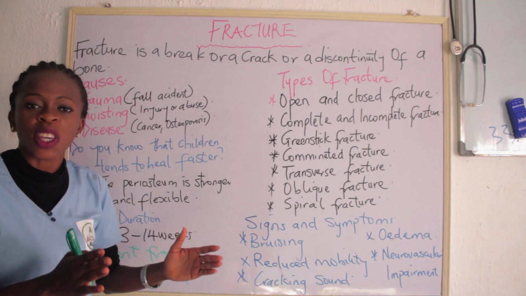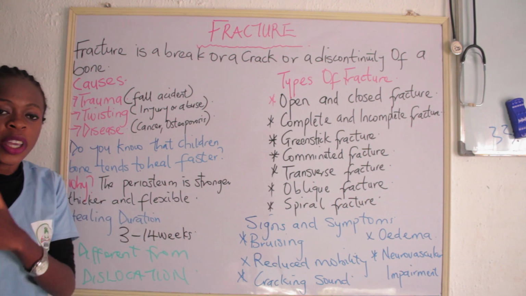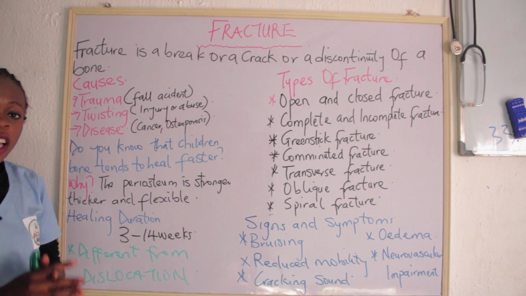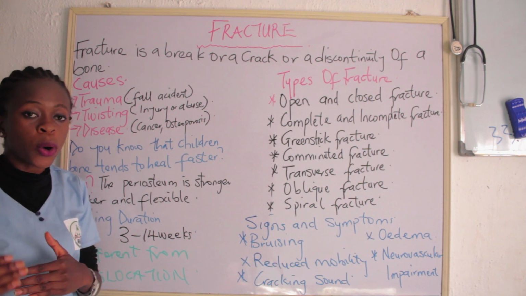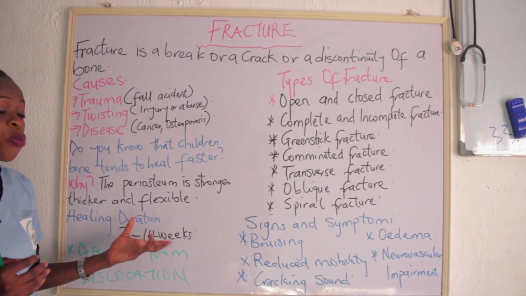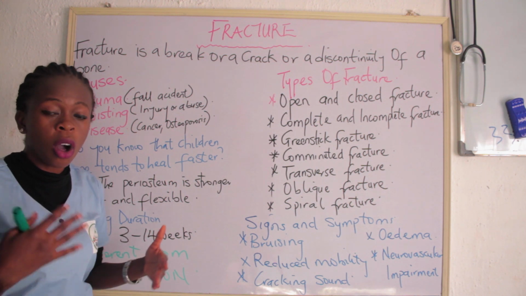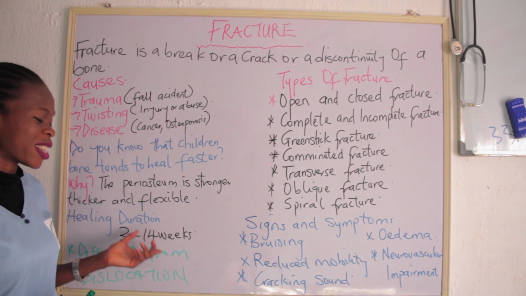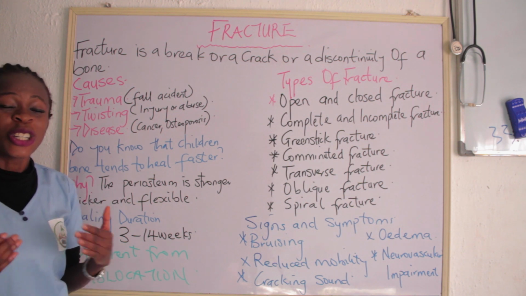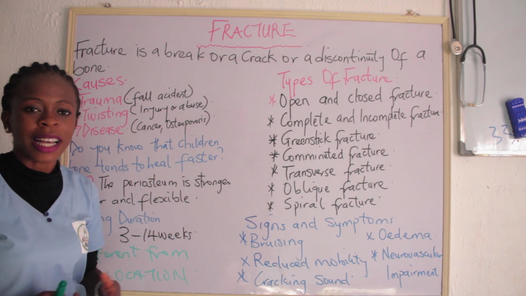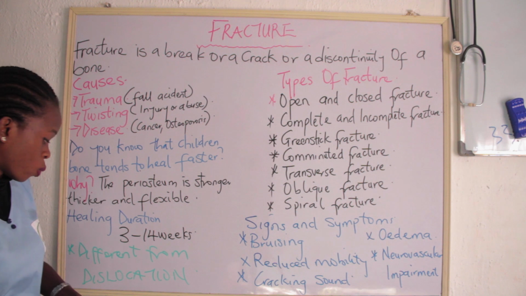It can easily heal compared to an adult's bone. The healing duration of a bone is usually 3 to 14 weeks, depending on the severity, depending on the state of the bone. But for children, it's around 2 weeks. Remember, we say that children's bones heal faster than an adult bone.